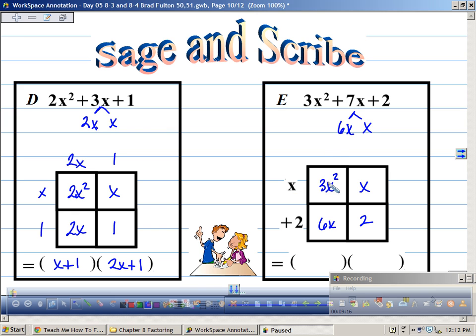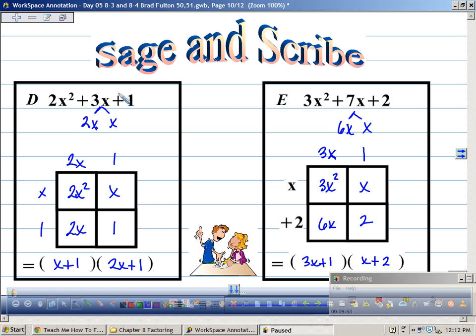X times what makes 3x squared, Patrick? And x, oops, my pen is acting up on me right now. Sorry, give me a quick second. Okay, and x times what makes x? 2 times 3 makes 6x, and 2 times 1 makes 2. So 3x plus 1 times x plus 2.